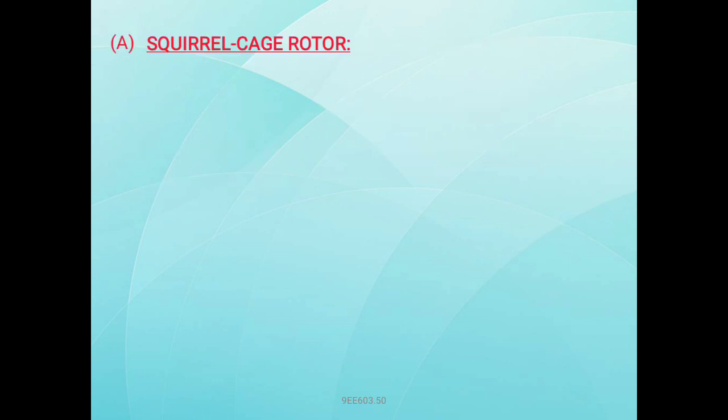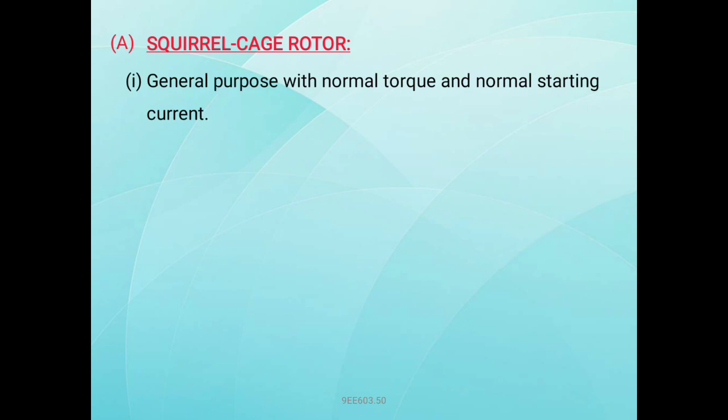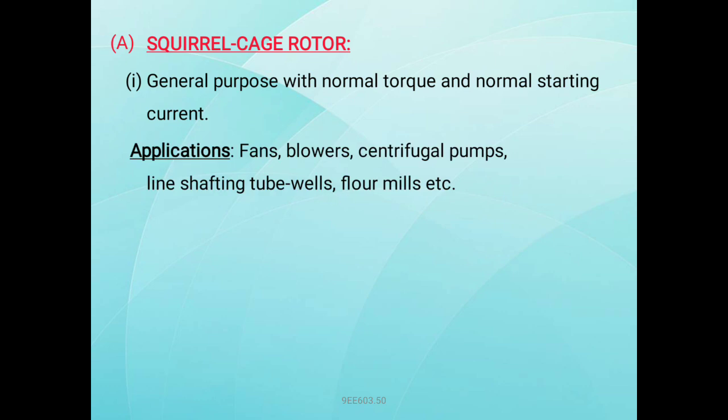Here the squirrel cage rotor, general purpose with normal torque and normal starting current. Applications here: fans, blowers, centrifugal pumps, line shafting, tubes, wells, floor mills, etc. High starting torque and low starting current.